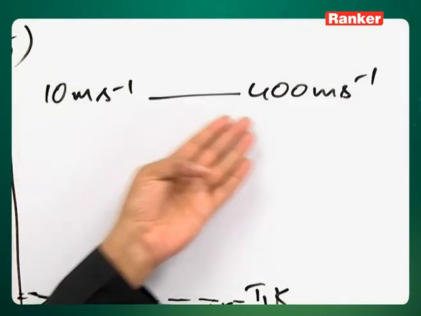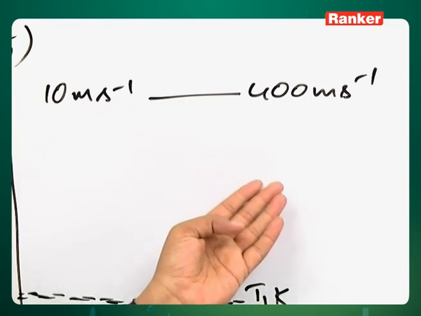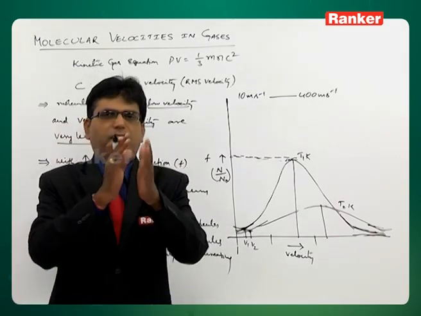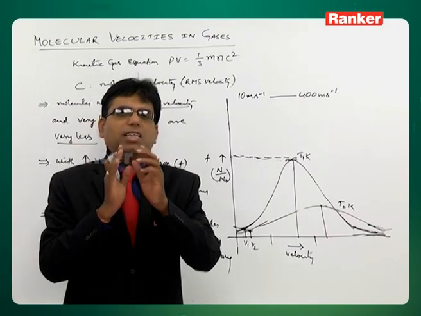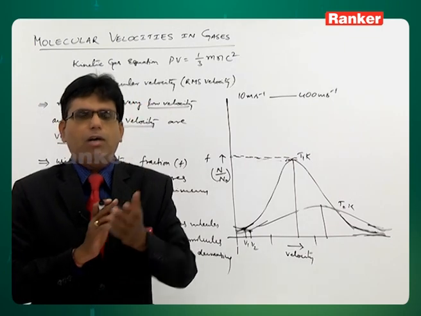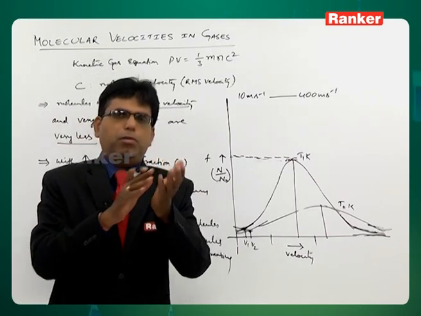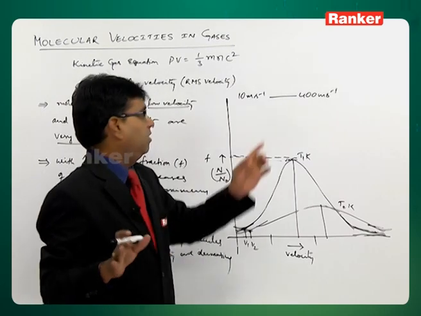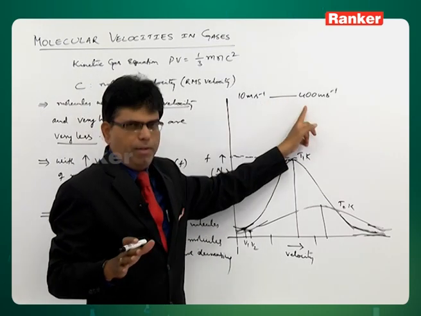If you take the average of all, say you get something around 100 or 150 or 200. If you say the average velocity is 200, it gives an impression that almost all the molecules are moving with a velocity of 200 meters per second, which is not true, because your range is so wide.